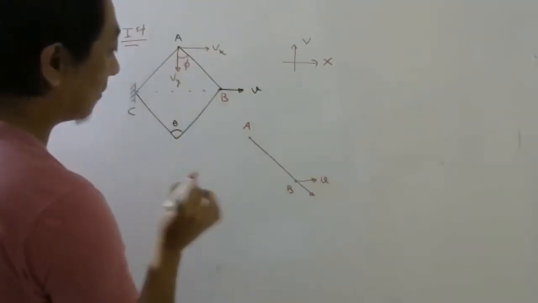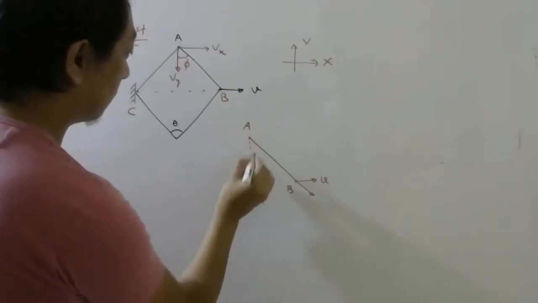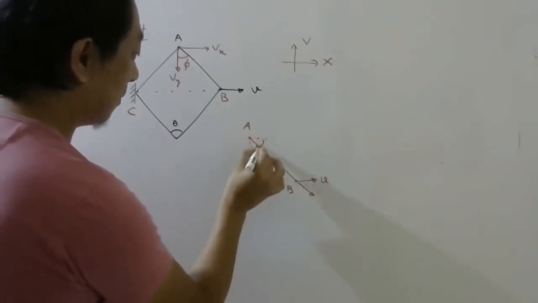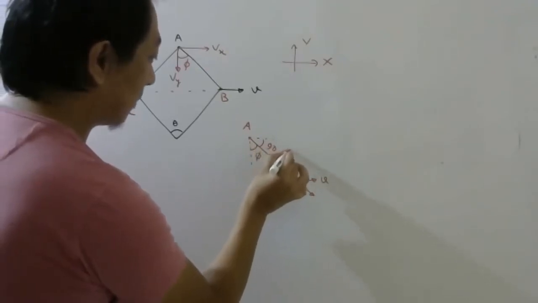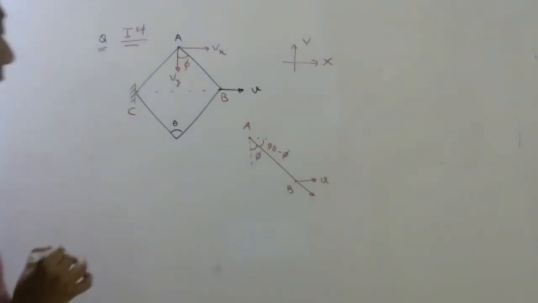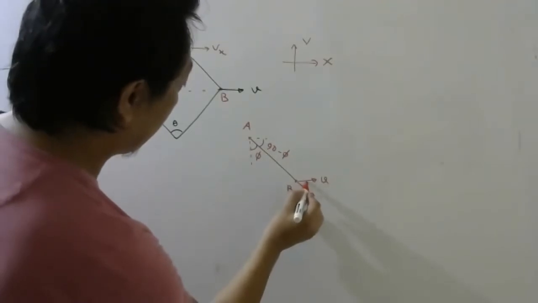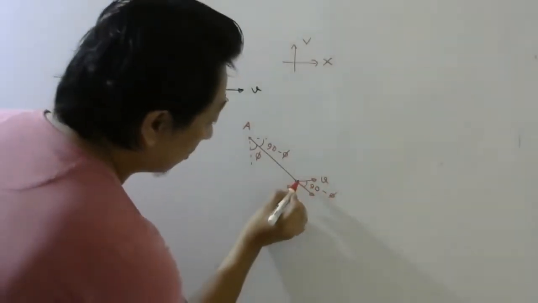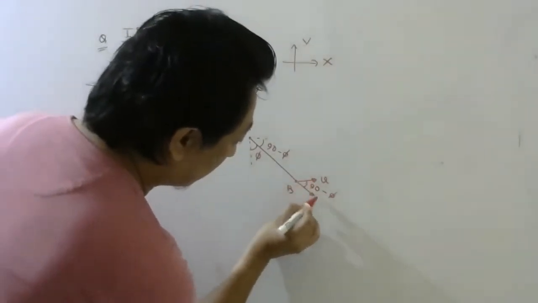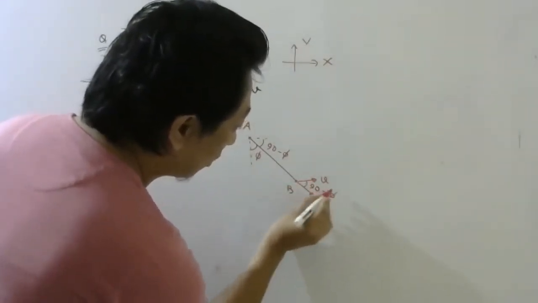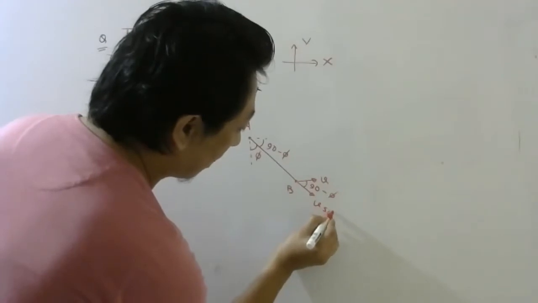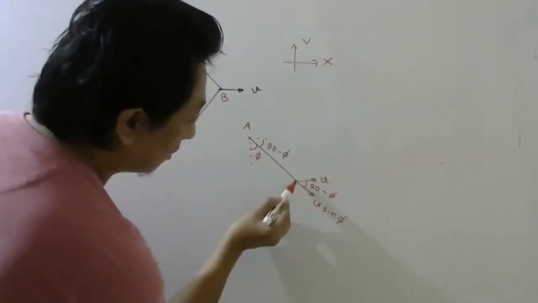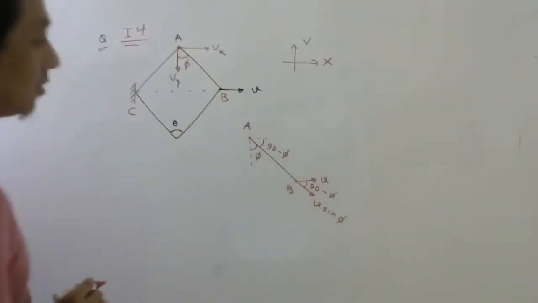So if that is phi, this will be 90 minus phi. And this angle will also be 90 minus phi. So the component of this velocity in this direction will be v cos(90 minus phi), which is v sin phi. So this is the velocity of this point along the length of the string.